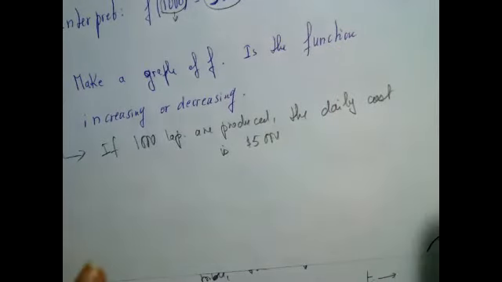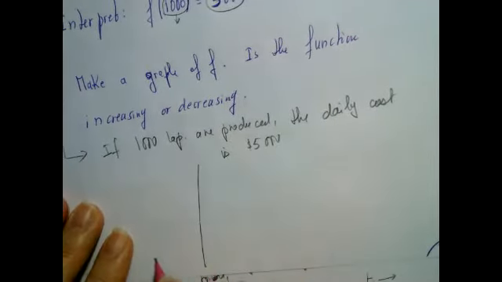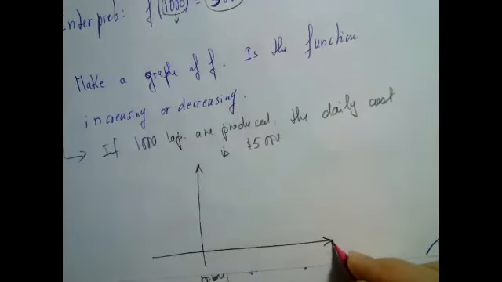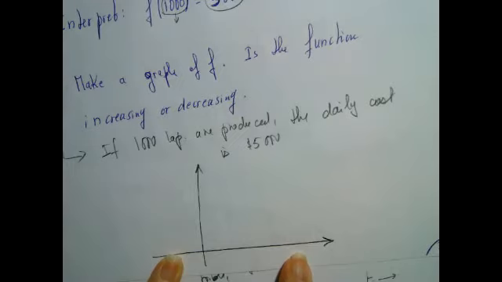You stay with me, Nicholas? If I want to sketch the graph, again, what should go on the horizontal axis? Always the input. What's the input here?